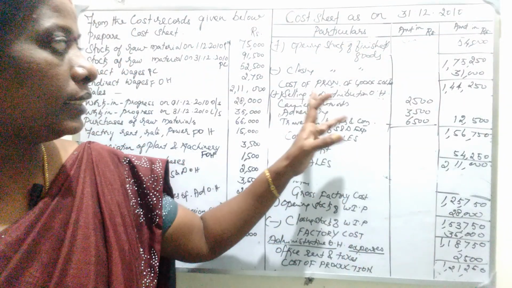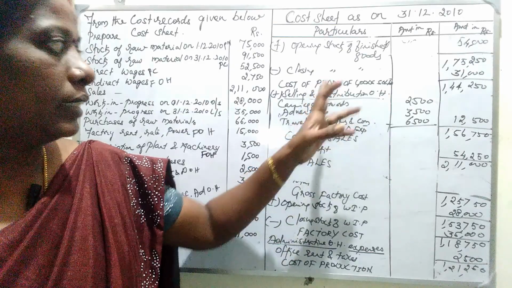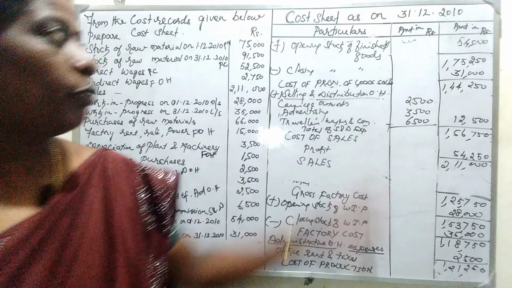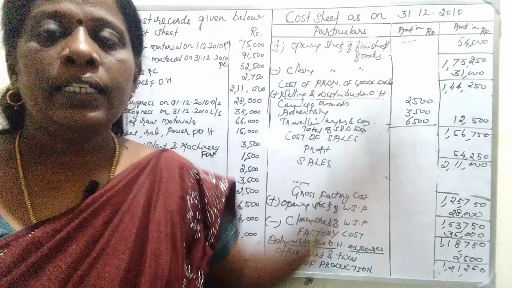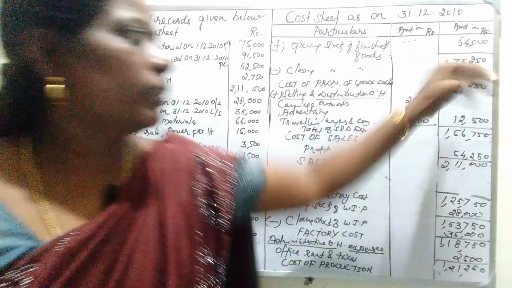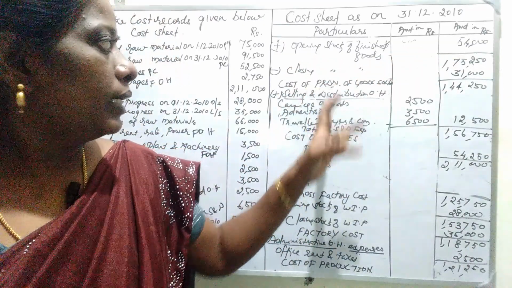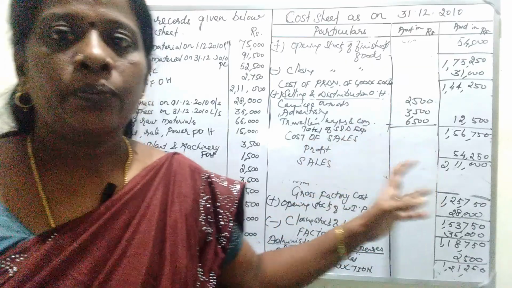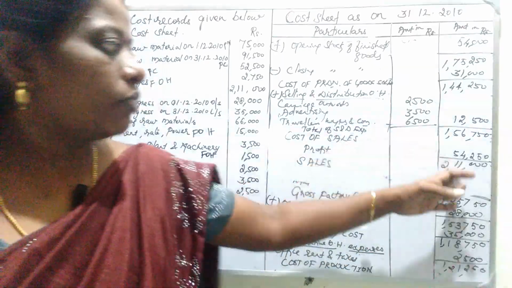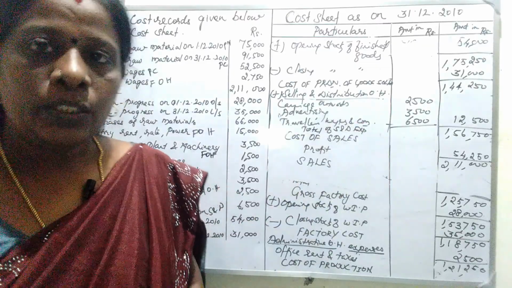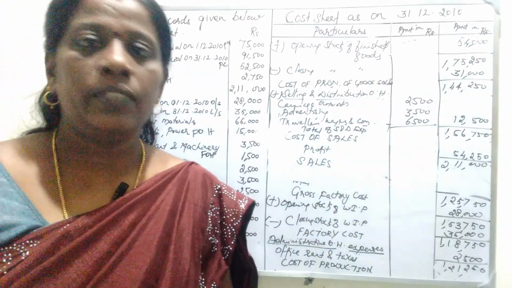It is adjusted before selling and distribution expenses. That means after finding the cost of production, we add the opening of finished goods and deduct the closing of finished goods, and then we add selling and distribution. Finally we get the cost of sales, we write the sales value, and finally we find the profit. So this is the cost sheet with inventories.